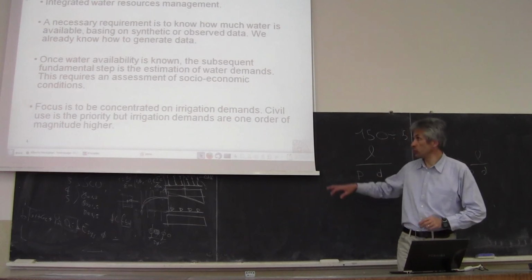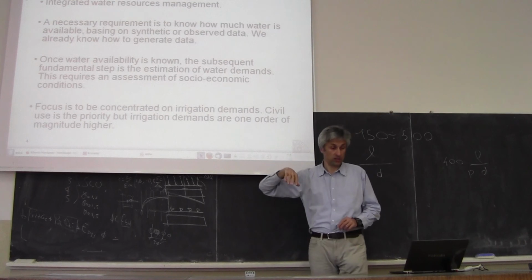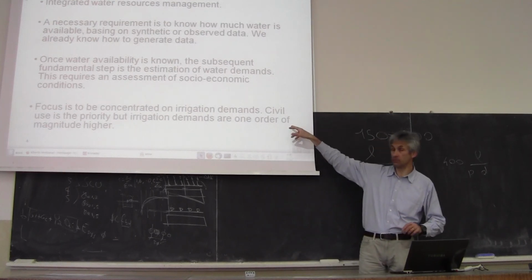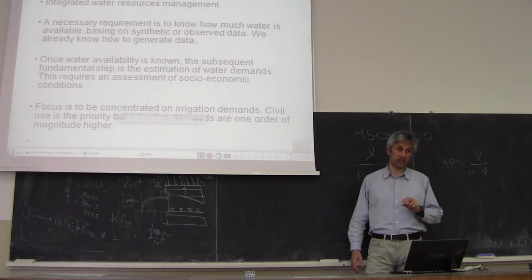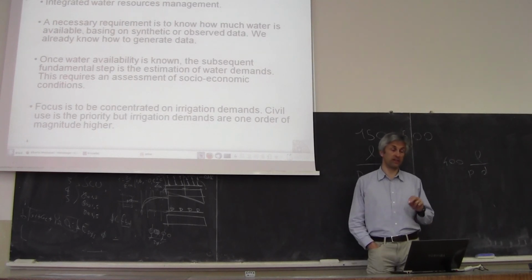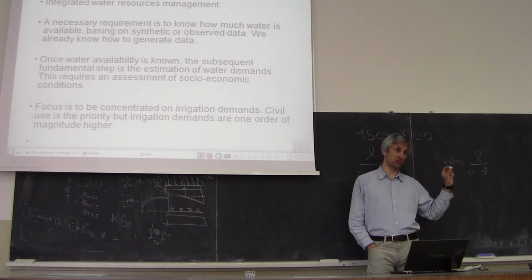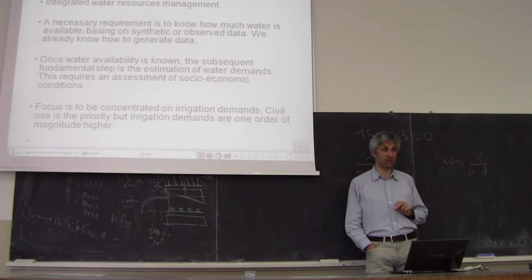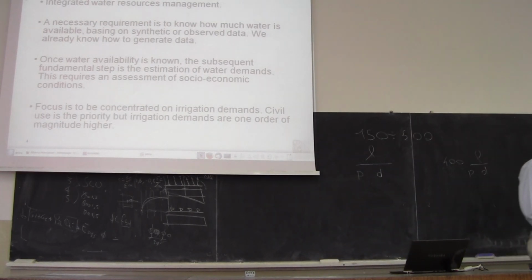I already mentioned to you that irrigation demands are to be carefully evaluated because they represent the main driver of water consumption. At a global level, irrigation explains about 70% of the total water consumption, and this percentage is also found in Italy.